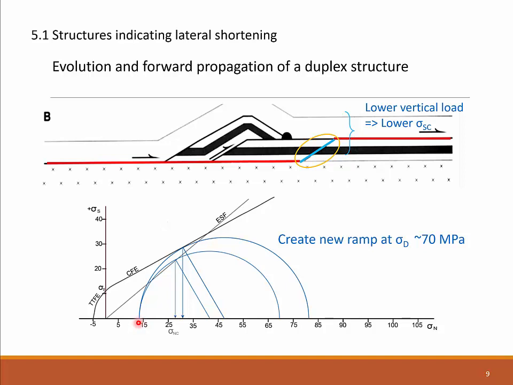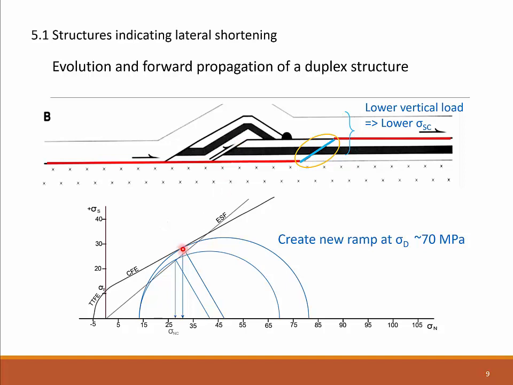If that is our confining stress, we would have to increase sigma 1 to a value of about 81 or 82 megapascals, and that would be sufficient to form this new ramp, because now we are intersecting here with the Coulomb failure envelope at a fracture orientation that is identical to our initial ramp.